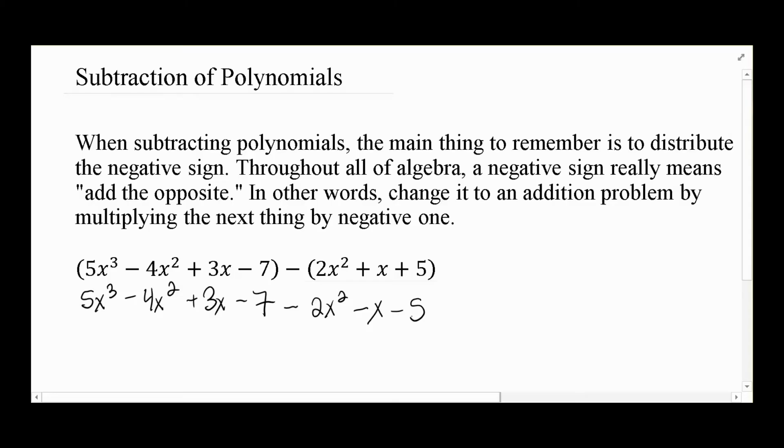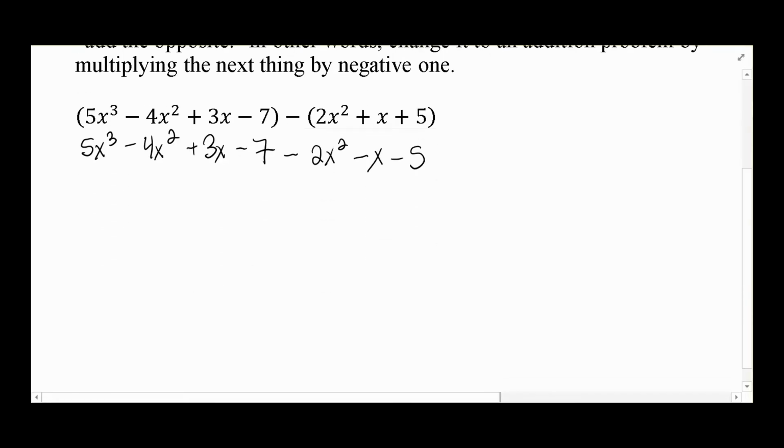And then again, it just turns into a simple combine like terms problem. I'm going to go ahead and give us a little more room to work. But if we want to stay organized, we can go ahead and say, all right, x cubed. Oh, there's only the one x cubed guy, so let's copy him down. Now we go on to the x squareds. There's a -4 and a -2. That gets me -6x squared.